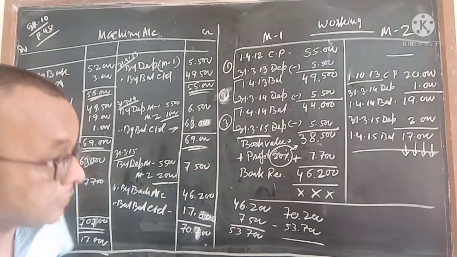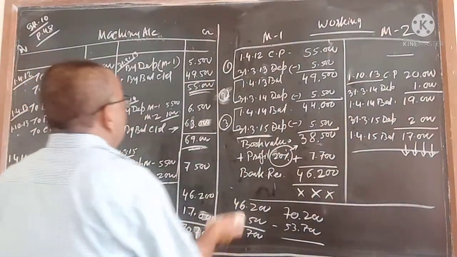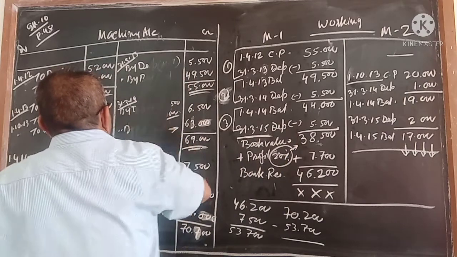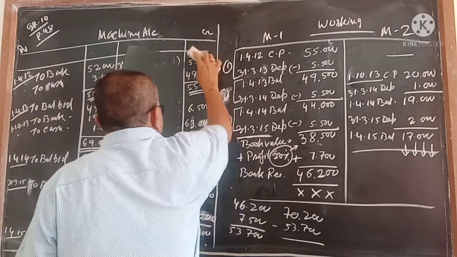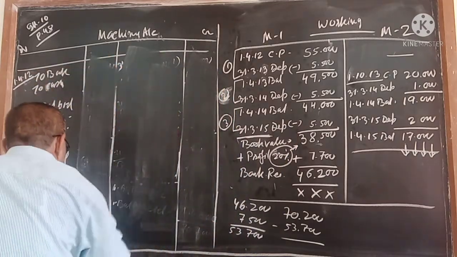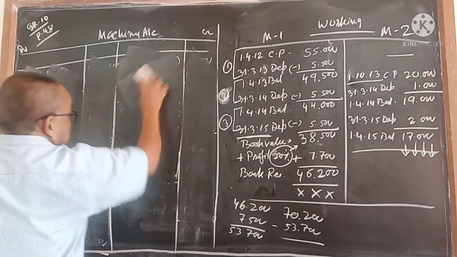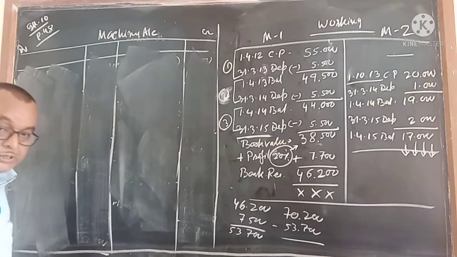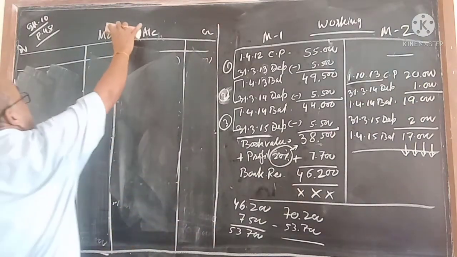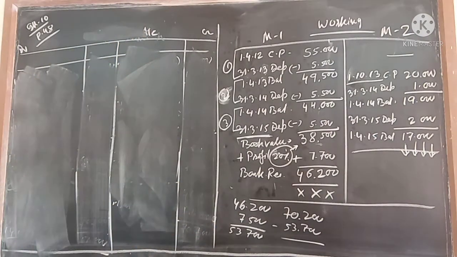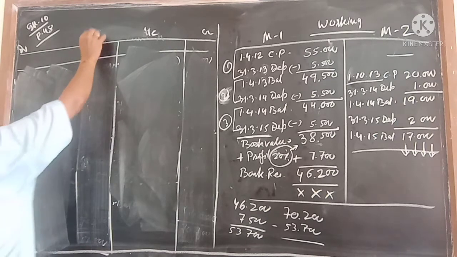Apart from that, if they say to do the depreciation account, now depreciation account is also very easy, that every one of you knows. One side one account comes, another side another account comes. In place of machinery account, you write here depreciation account.